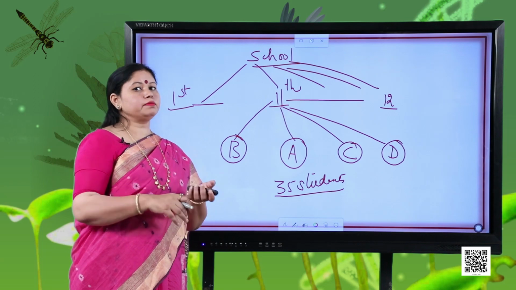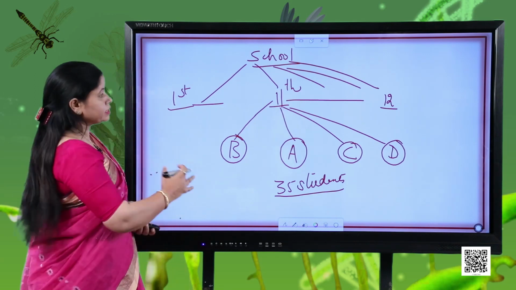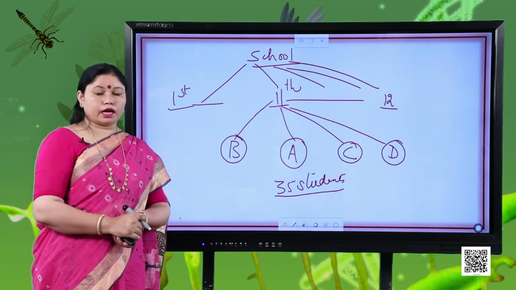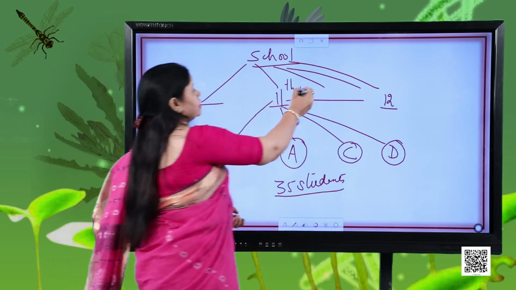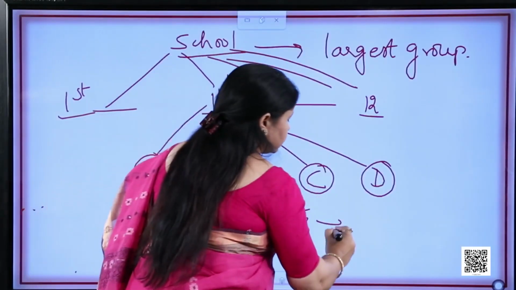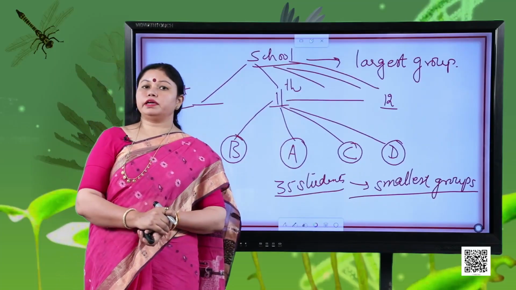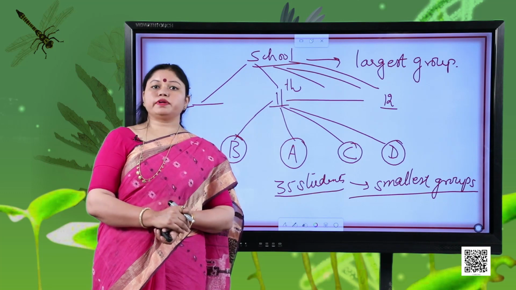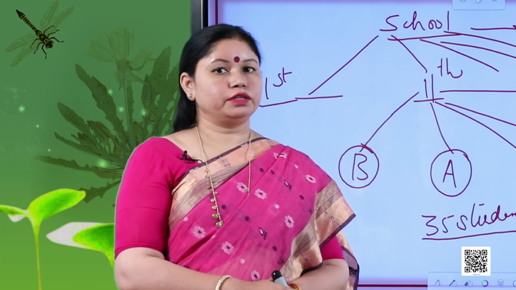So, there is again a similarity as well as dissimilarities. With this example you can understand how the hierarchy in the school works. This is the largest group and this will be the smallest group.